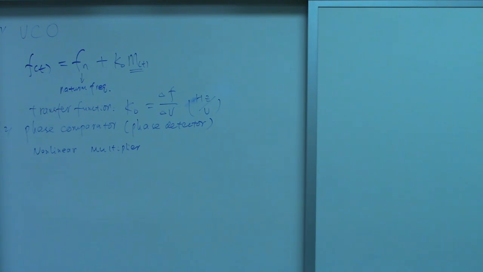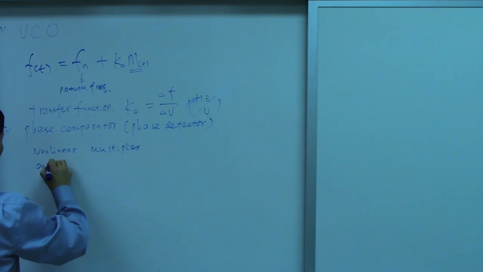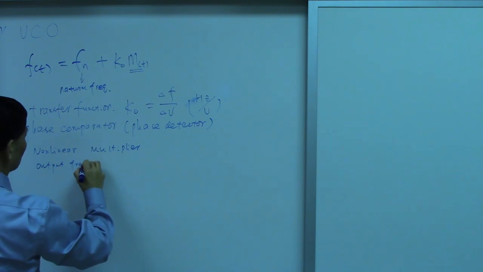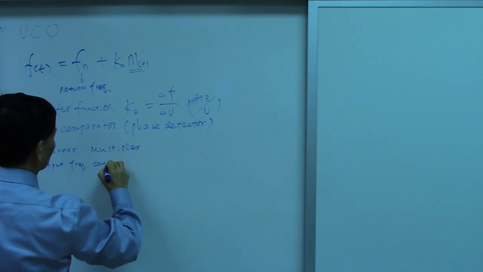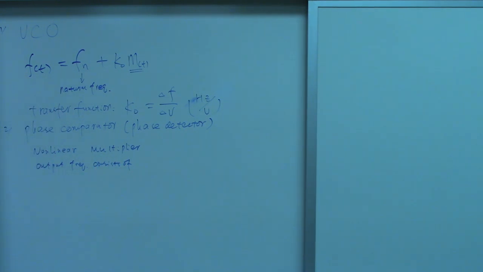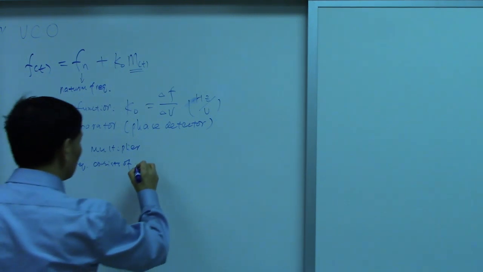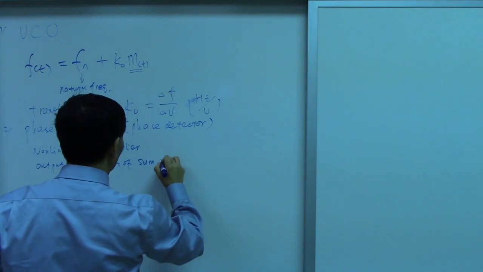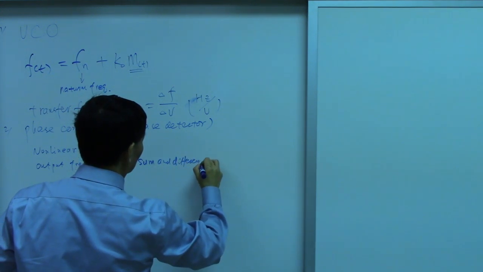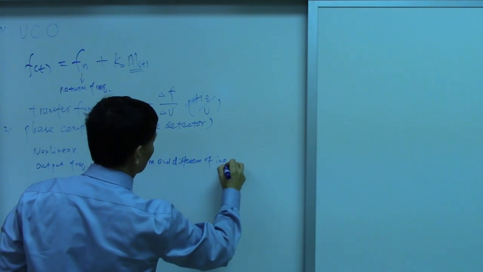The output spectrum, the output frequency, consists of the sum and the difference of the two inputs.